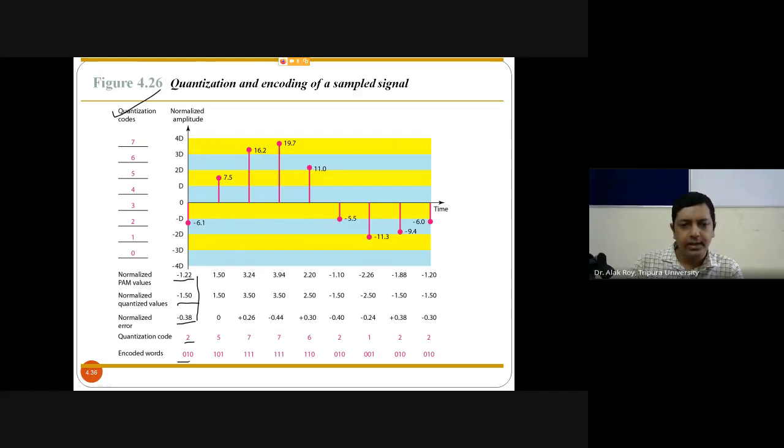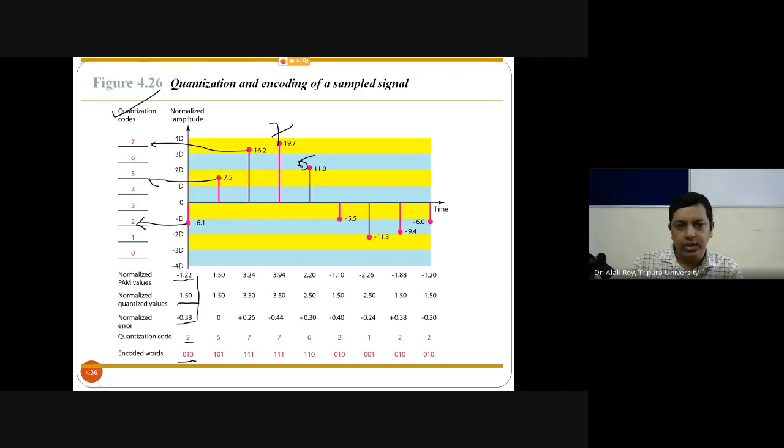For 2, the binary is 0 1 0. See that for this first signal, the nearest level is category 2. For this, it is 5. For this it is 7. It is also 7. It is in position 6.